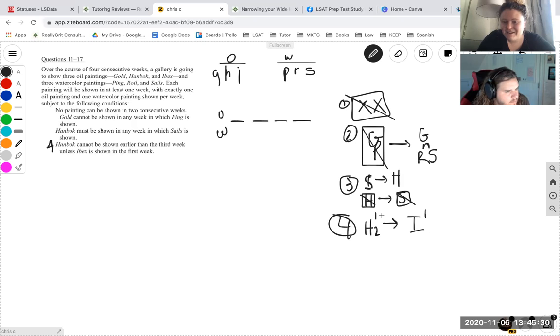So really, it's not if H is in 1, it's if H is in 2. And then if I is not in 1, then H can't be in 2. H cannot be in 1 or 2, yeah, which we already know, but. Okay.